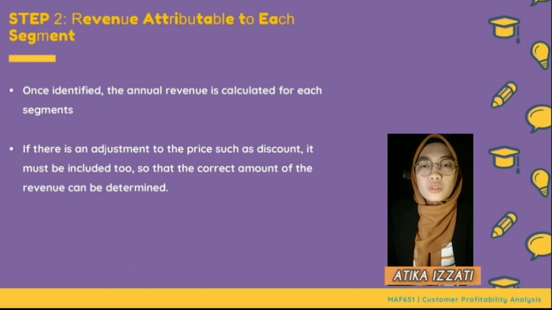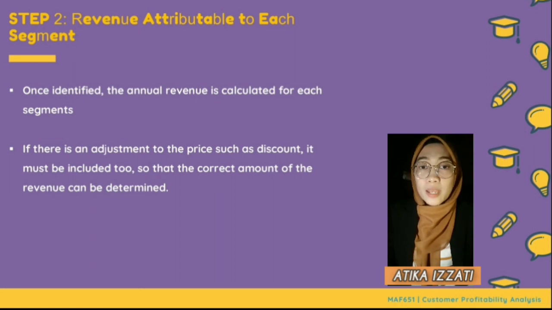So we move on to the second step, which is revenue attributable to each segment. Once segments have been identified, the annual revenue is calculated per segment. How this is done will depend on the product or service offered by the company.